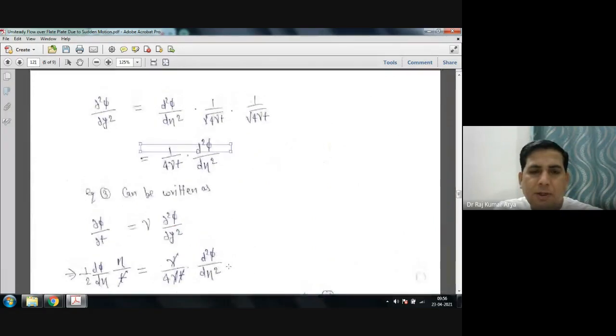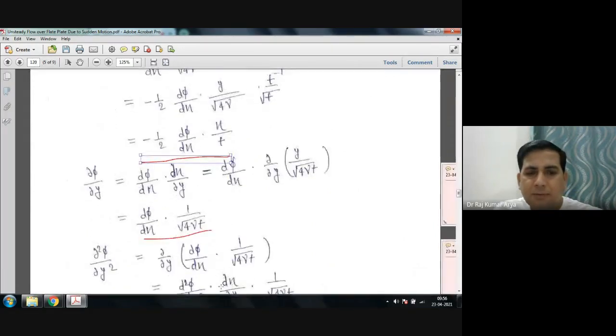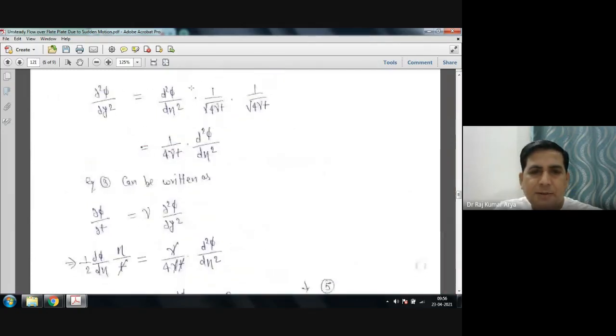Now you already have the expression of this from here, so you can substitute it here. Club all these values, and you get del square phi upon del y square coming out to be 1 upon 4 nu t, and then d square phi upon d eta square. Is that fine till here?